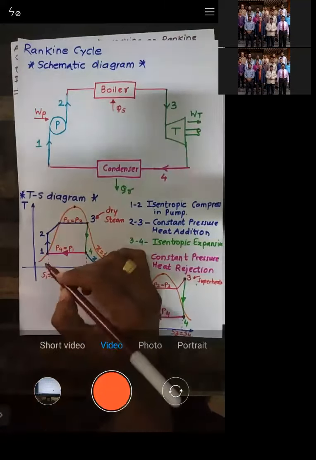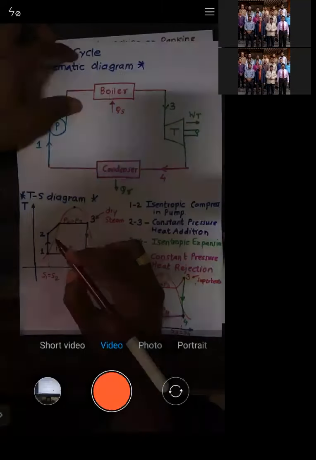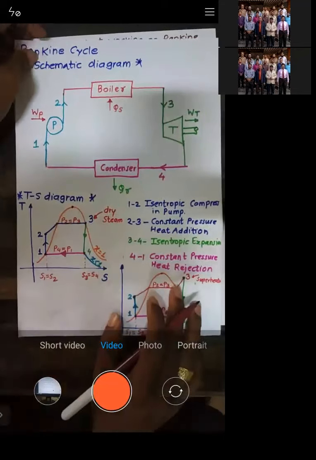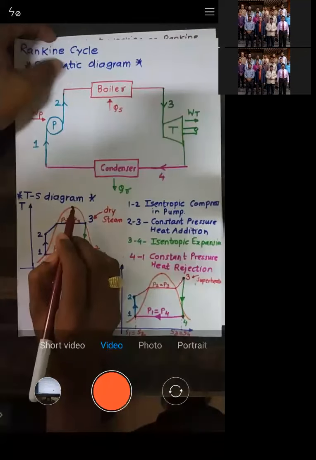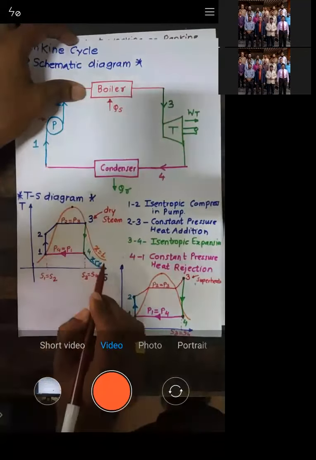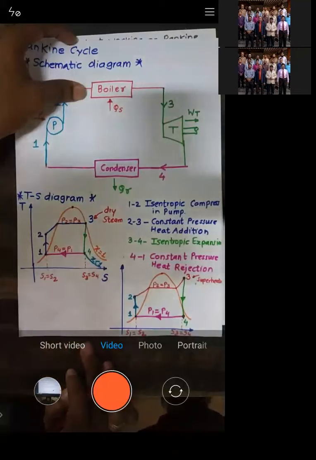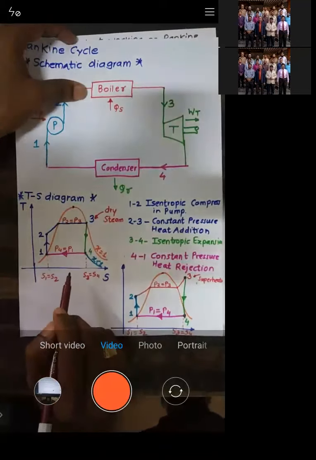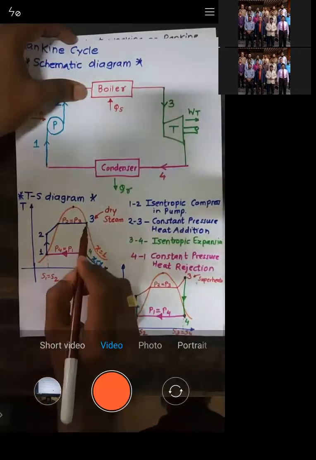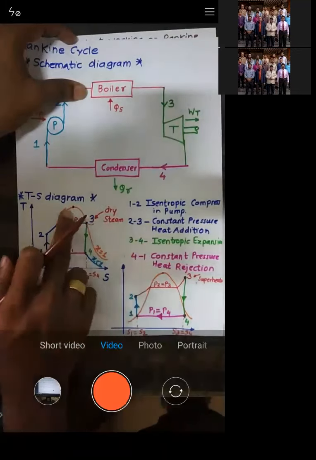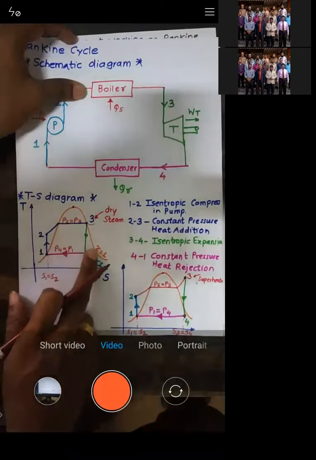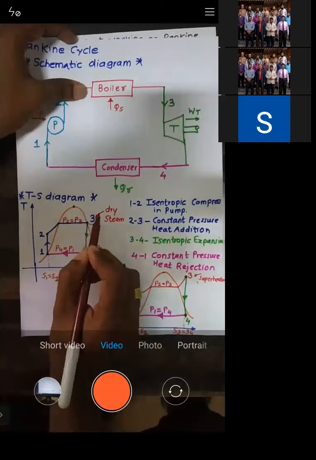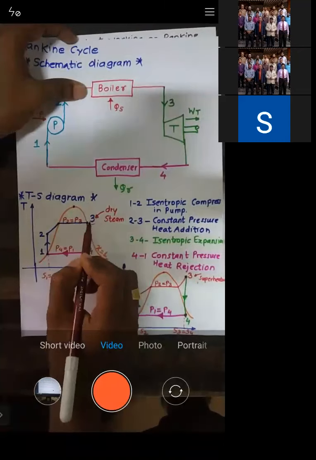So if any point is lying on the right hand side of the curve, it is said to be dry or saturated steam. Point number 3 is lying on the right hand side of the curve, so the condition of the steam at point 3 is said to be dry or saturated.